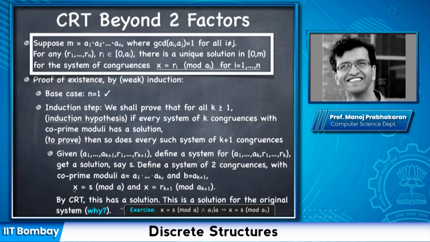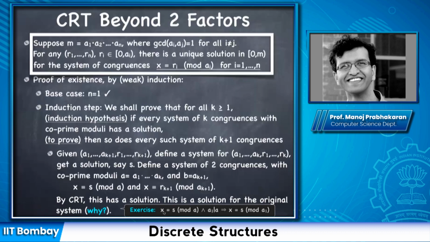In particular, it satisfied this one, which is good. This is one of the K plus 1 congruences we want to satisfy. And this other congruence that it satisfied tells us it's congruent to S. And we know something about S, that S satisfies the other K congruences we want to satisfy. But those congruences are with respect to various A1, A2, and so forth. Whereas this one is with respect to their product.